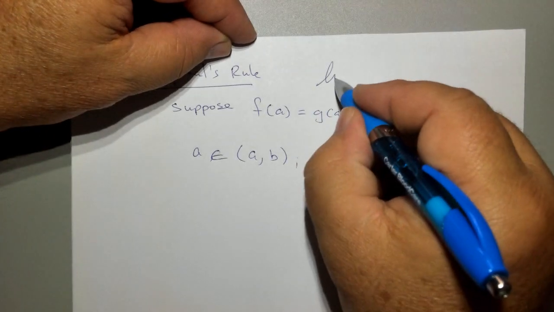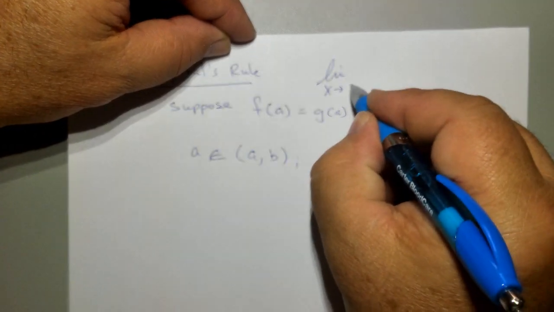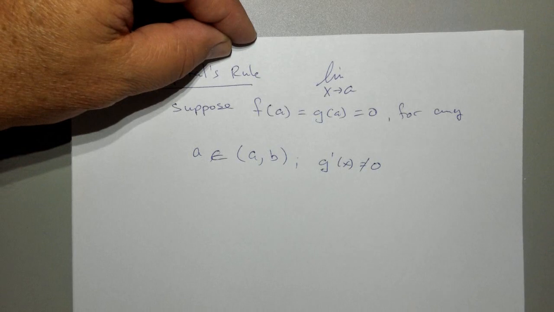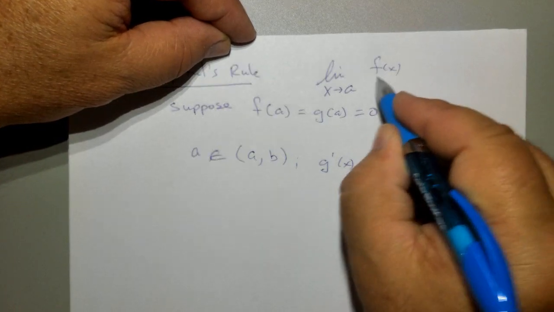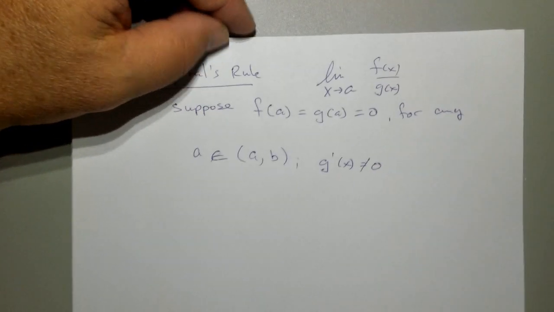Remember, we say that the limit as x approaches a of f of x over g of x.